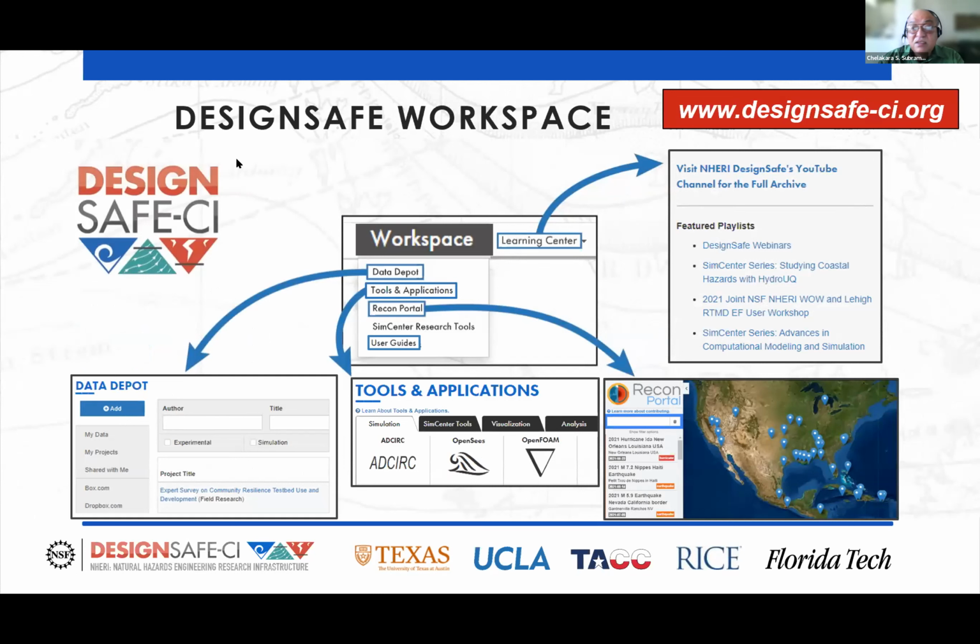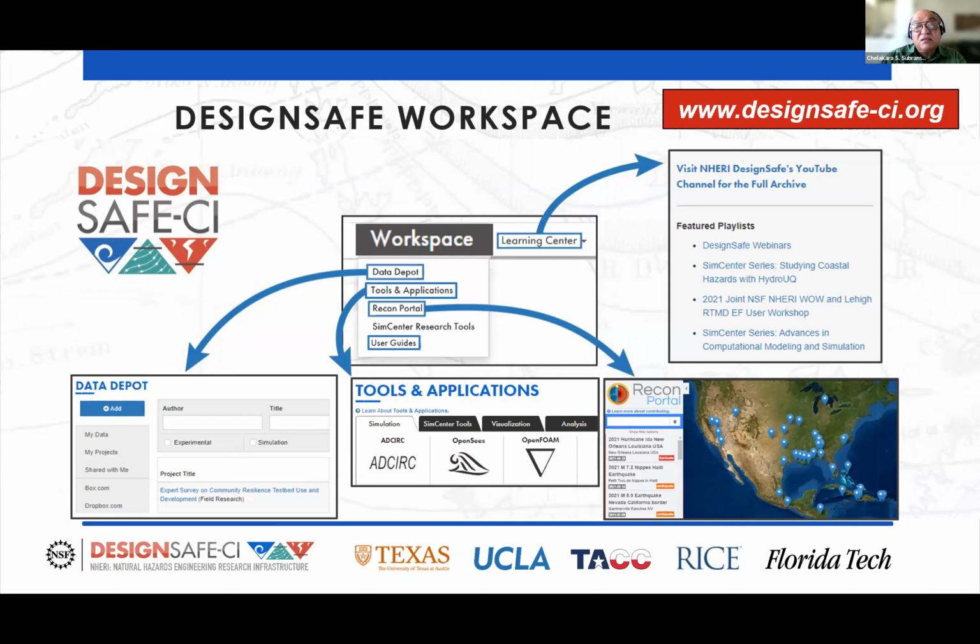So I guess this is my last slide showing the DesignSafe workspace. It has different menu options. The first one is the Data Depot. This is where you have to sign in and also create a directory so that all your data will go in there.